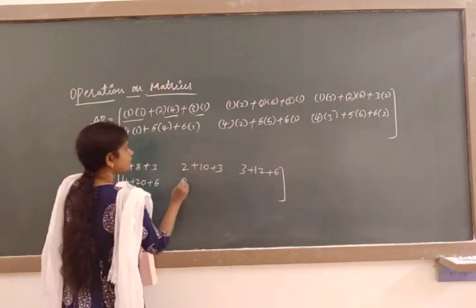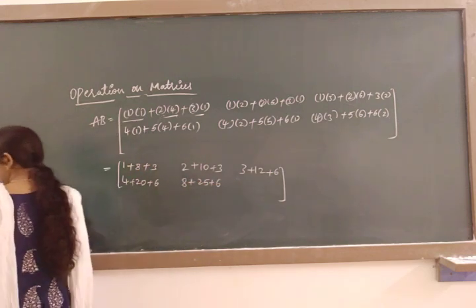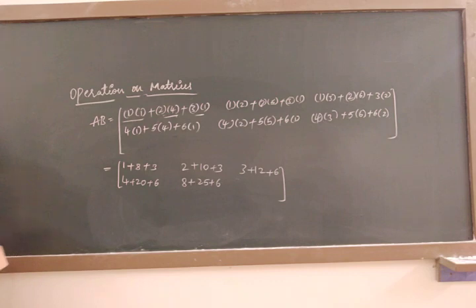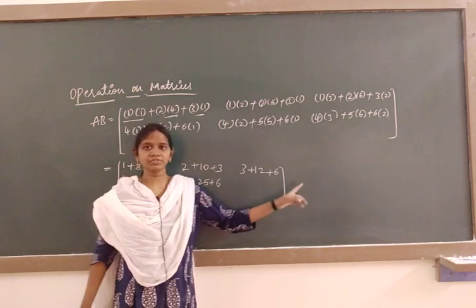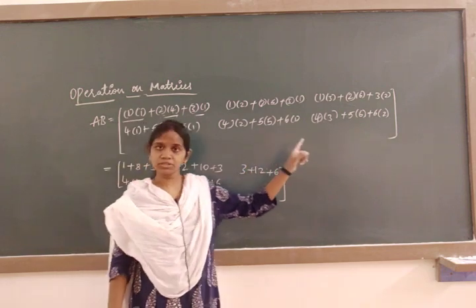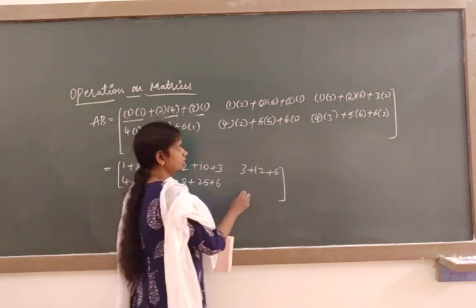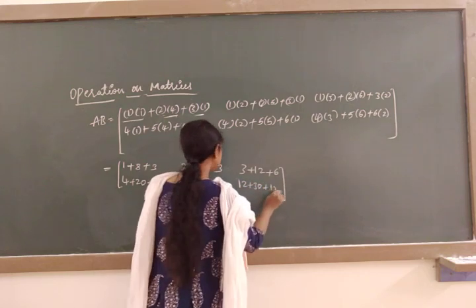Next 4 2s are 8, 5 5s are 25 plus 6 1s are 6. Next, 4 3s are 12, 5 6s are 30, 6 2s are 12.